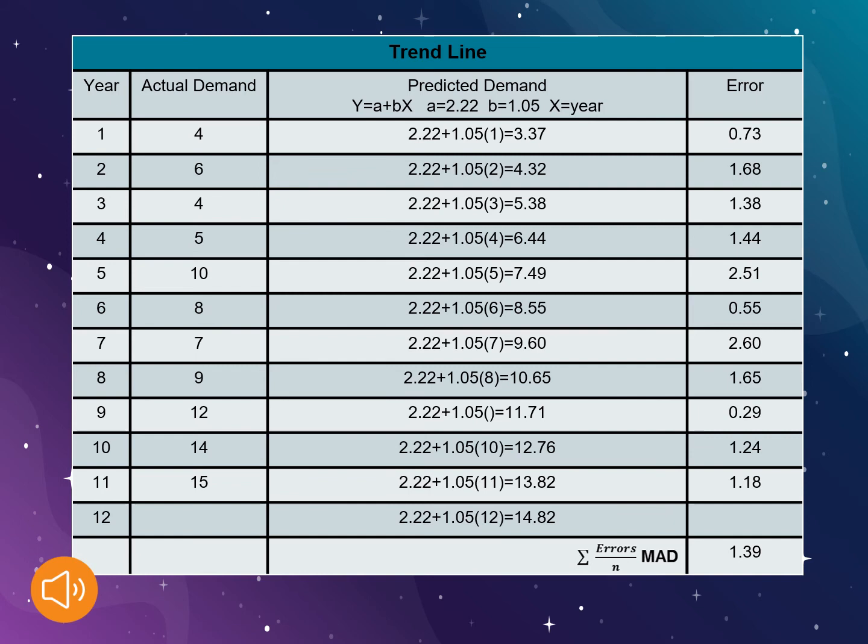Again, you already know how to get the discrepancy or the errors, so I won't be enumerating each of them. With that, we have a MAD result of 1.39, or 1,390.